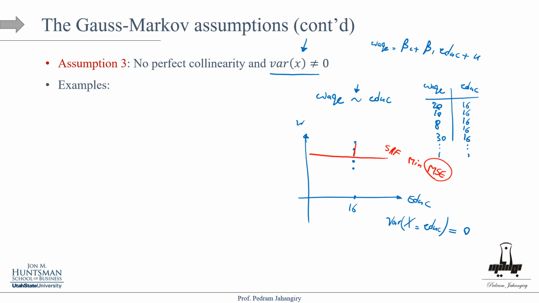Let me actually try to erase this one. Yeah. So this is very subtle, pay attention. So the red line is going to say beta hat 0 is equal to, let's say, 10. And what is beta hat 1? The slope is 0. Okay. But what about this line?